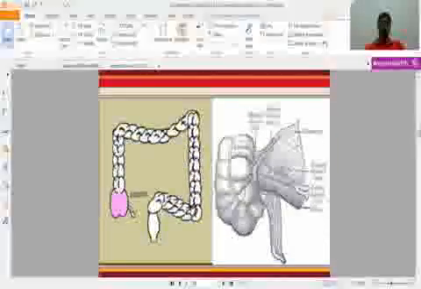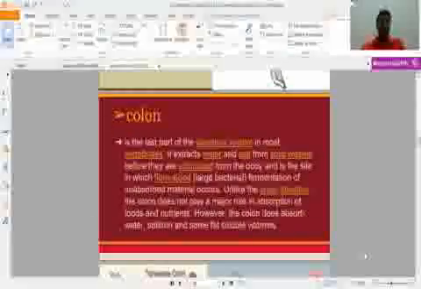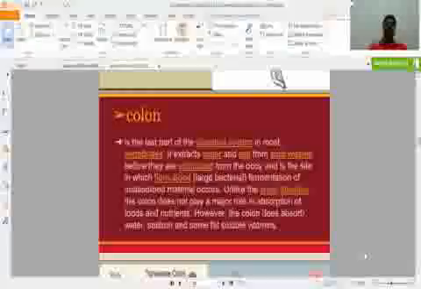This diagram is showing the whole large intestine, as you can see. The second part is the colon. It is the last part of the digestive system in most vertebrates. It extracts water and salt from solid waste before it is eliminated from the body and is the site in which the flora of bacteria ferment unabsorbed material.